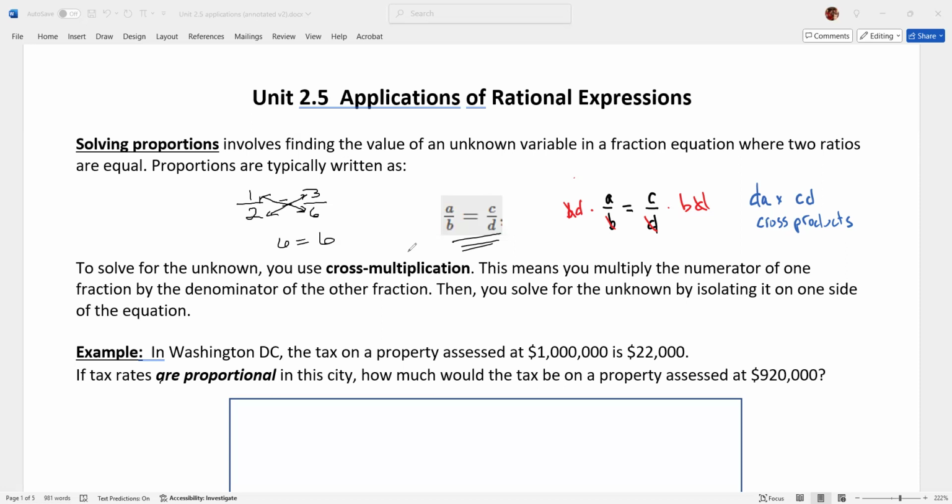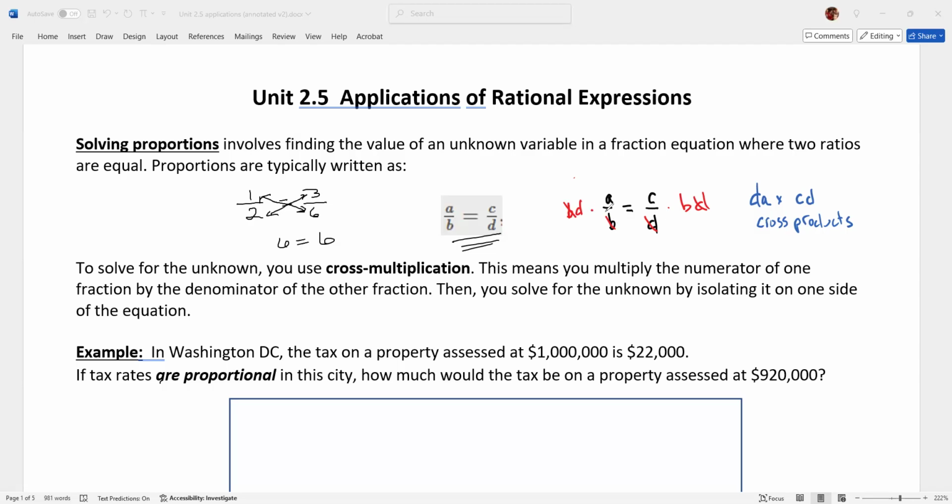And so this idea of a cross product is really still the common denominators in an equation that we cancel out. So for example, if I just generically write A, B, C, and D as the numerators and denominators of two fractions and set them equal to each other, well then in this particular case, BD is the lowest common denominator.